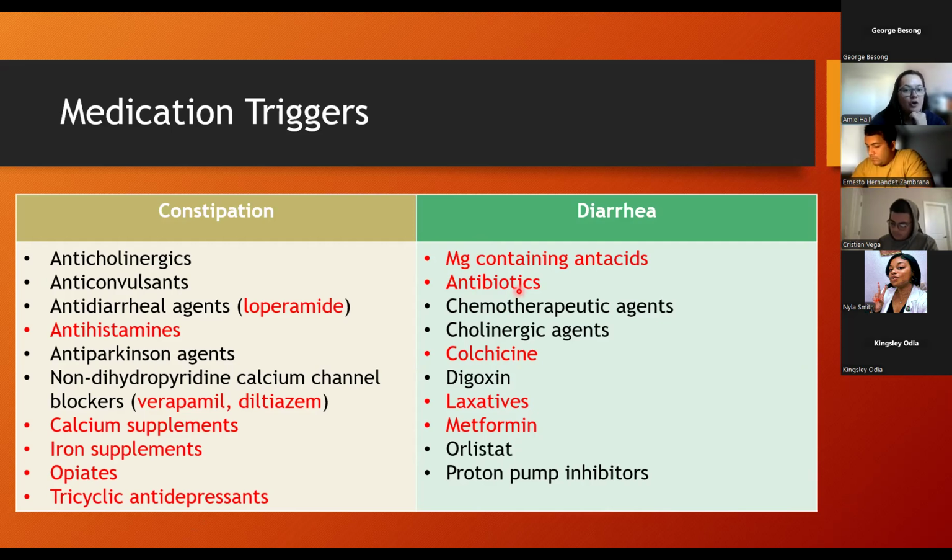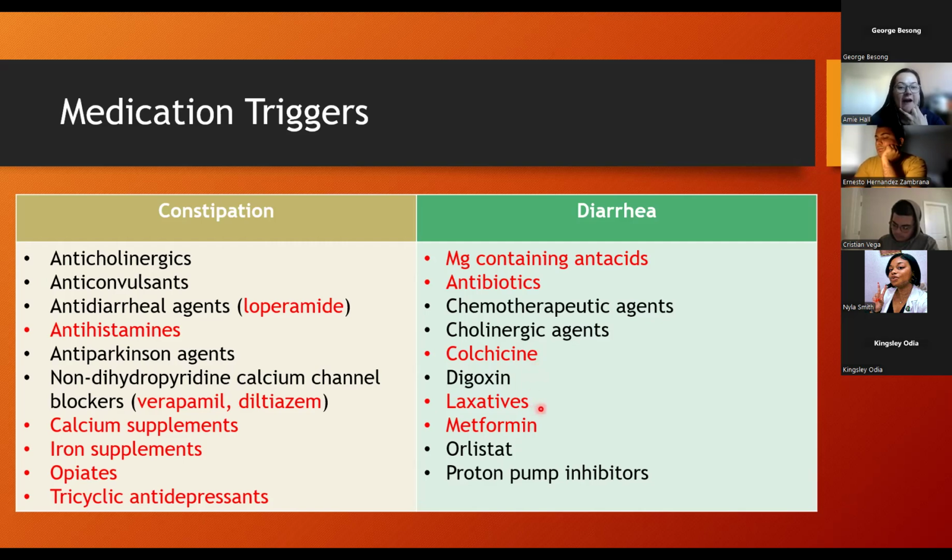Chemotherapeutic agents, cholinergic agents. If anticholinergics cause constipation, cholinergic drugs cause diarrhea. Colchicine is a drug that we use for gout. That is one of the number one drug causes of diarrhea. We actually can't use very much colchicine because of the risk of diarrhea. Colchicine is dosed based on whether the patient is tolerating it with diarrhea or not.